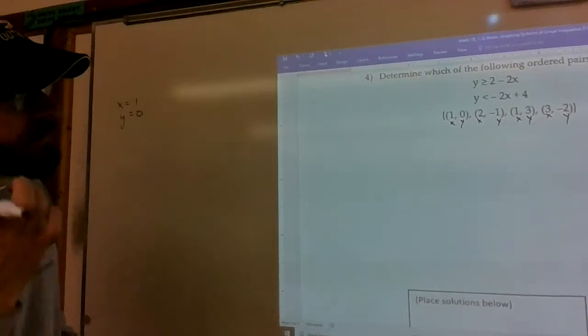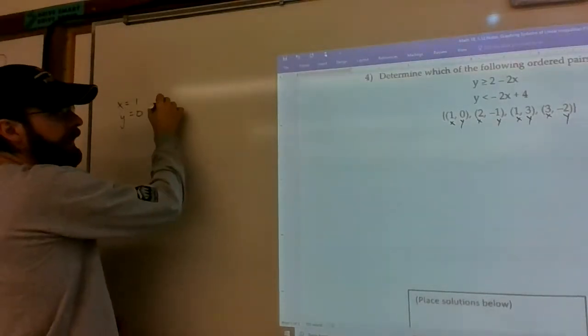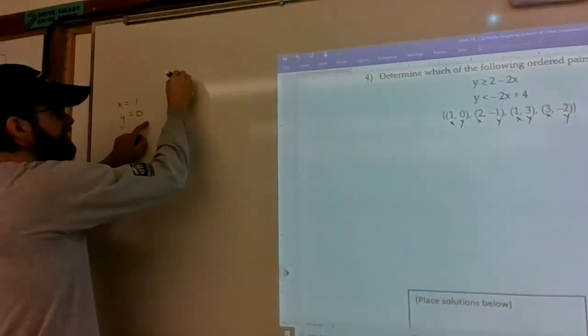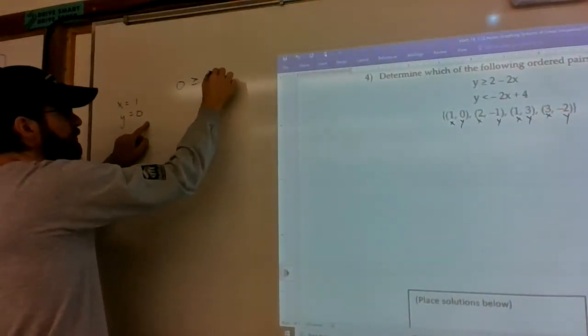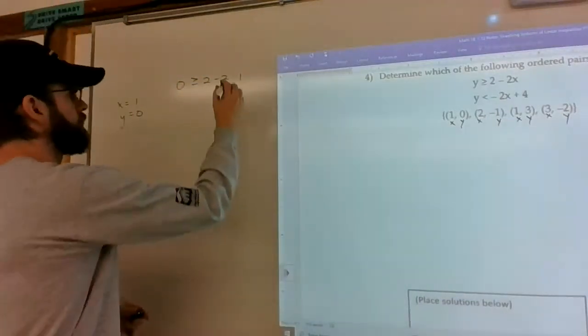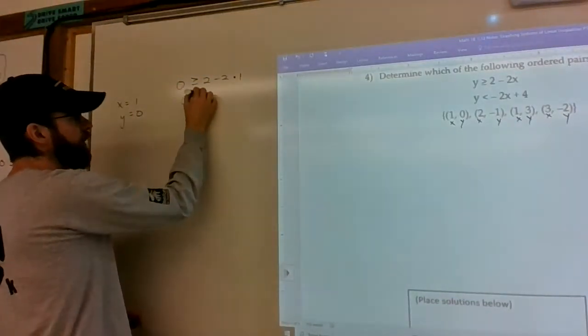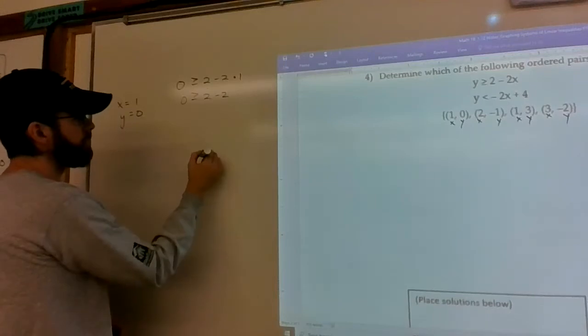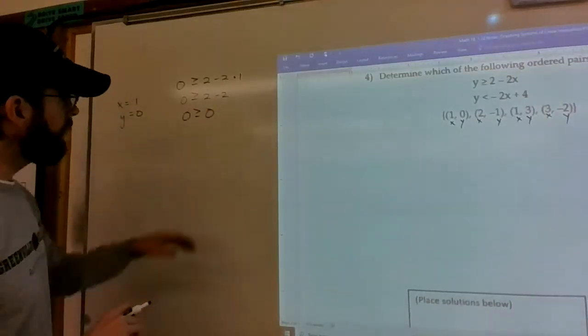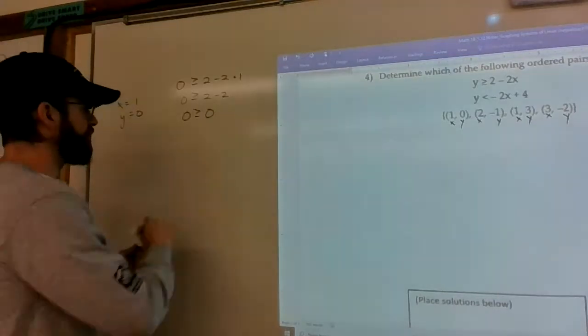So what I do is I say, hey, plug it into the top one. Is 0 greater than or equal to 2 minus 2 times 1? You're just plugging it in. Is 0 greater than or equal to 2 minus 2? Is 0 greater than or equal to 0? Yes, because it is equal to itself.